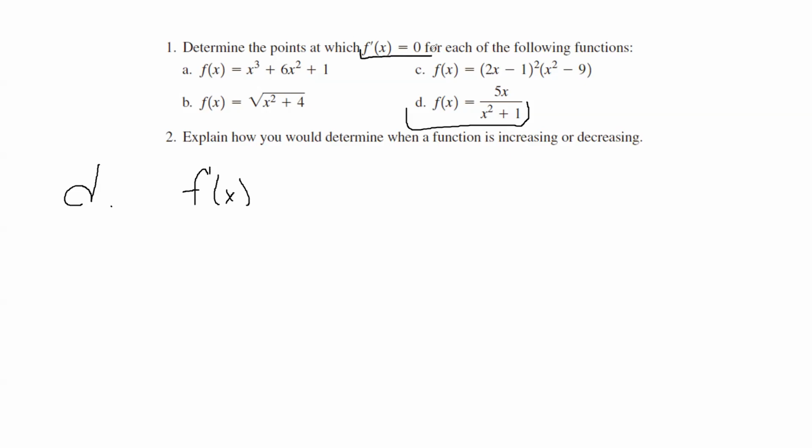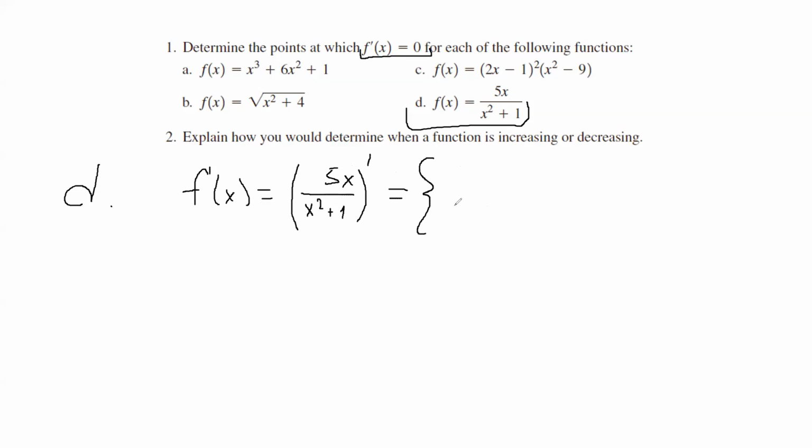If we would like to know the points at which the derivative equals 0, first we need to find the equation of the derivative. To do so, we would differentiate 5x over x squared plus 1, and I would apply the quotient rule first of all.